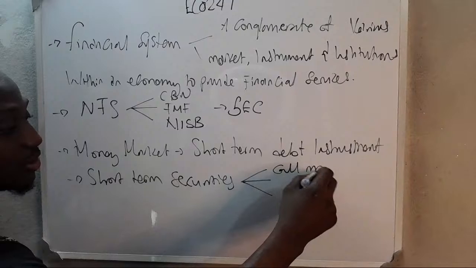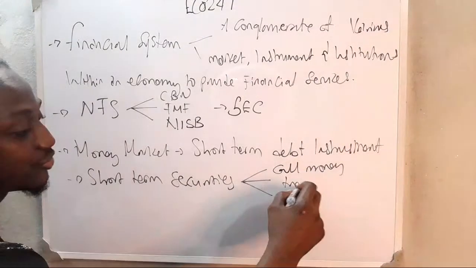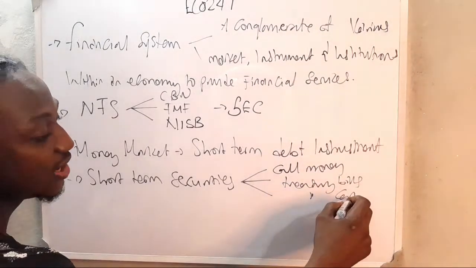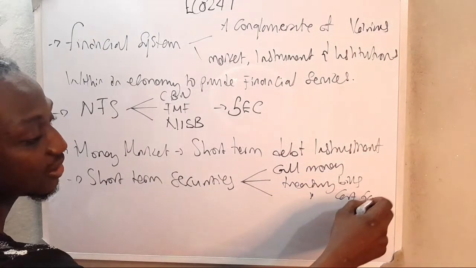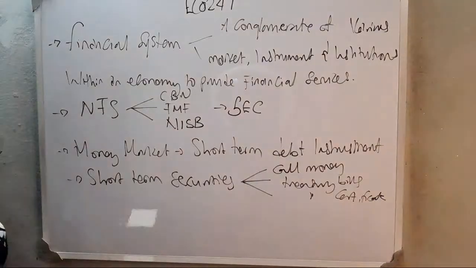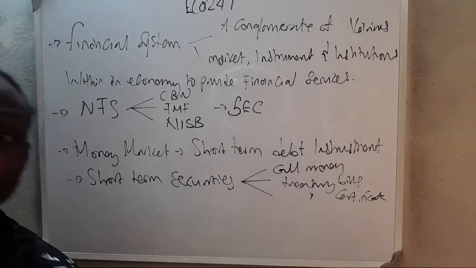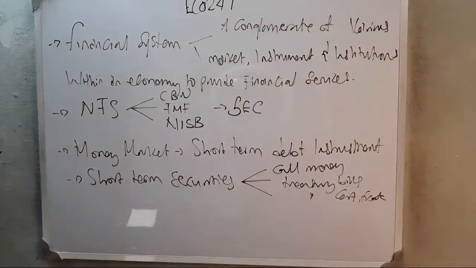All these are the instruments being traded in the money market. Also, we have the banker's unit fund, commercial papers, and certificates of deposit. All these are traded in the money market as short-term securities.